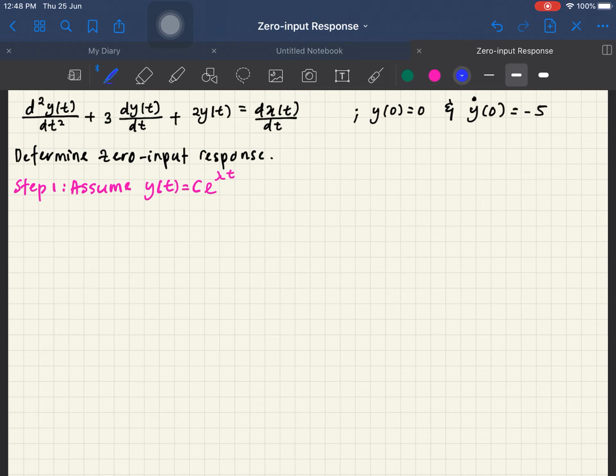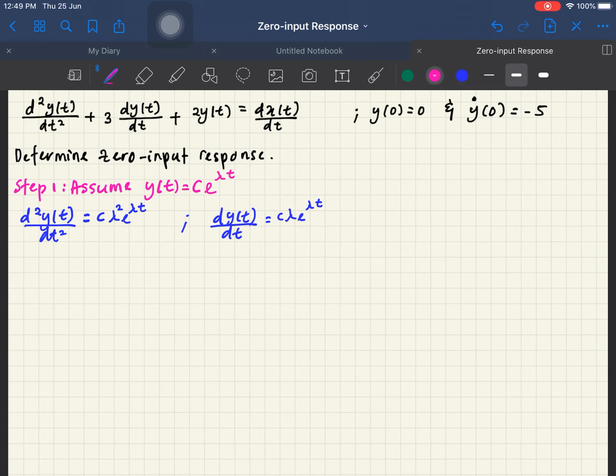For the second order differential, you will have c lambda squared e to the power of lambda t. For the first order differential, dy over dt, you will have c lambda e to the power of lambda t.